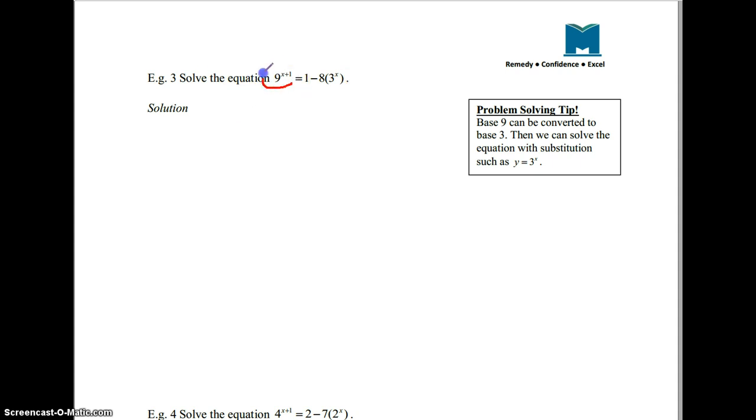Now you have to split this 9 to the power of x plus 1 up in this format. 9 to the power of x times 9 to the power of 1. Then I'm going to bring this over, plus 8 times 3 to the power of x minus 1 equals to 0.